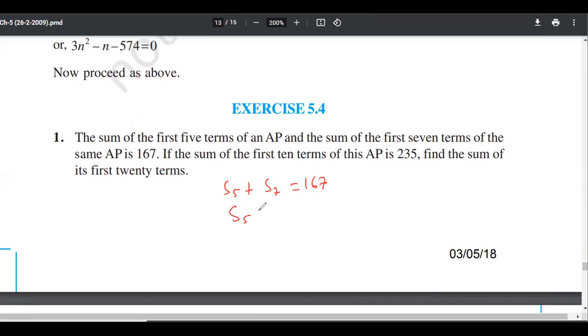So we can write here: S5 plus S7 is equal to 167. The sum of the first 5 terms and the sum of the first 7 terms of this AP, the sum of both is 167. Can we write it like this? Any doubt in this? No, sir. Okay. Even if not, there's no issue, you can directly write it as it is written.